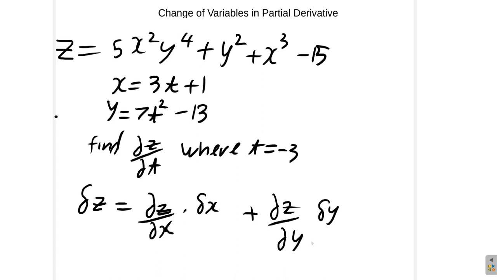So we have a small change in z is equal to the partial derivative of z with respect to x times a small change in x, plus the partial derivative of z with respect to y times a small change in y. Now if we divide by delta t, a small change in t, we divide each by a small change in t.